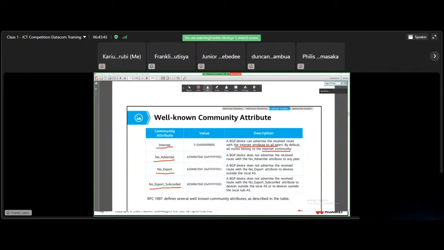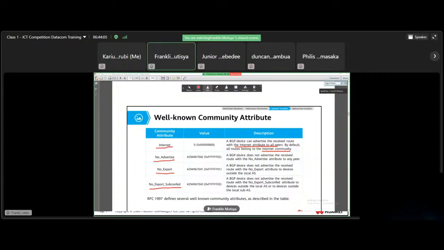Now, subconfederation is a technique. Currently, I think we are trying to move away from it. It's a technique where you can have a clustered BGP network, where you have an IBGP, and within the IBGP you can have other small BGP networks.